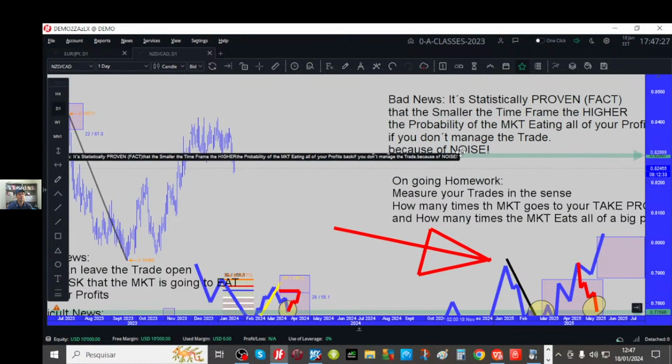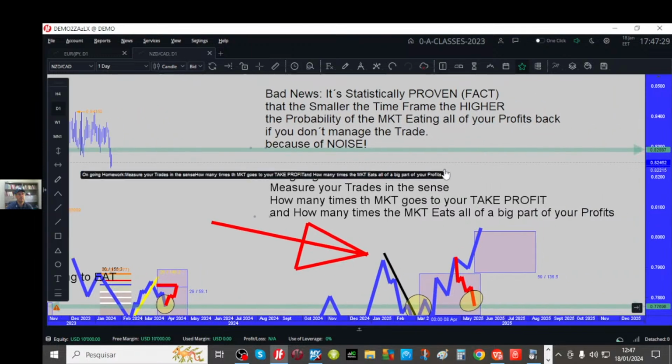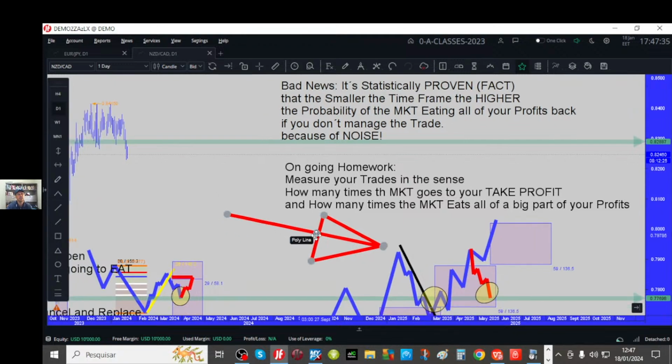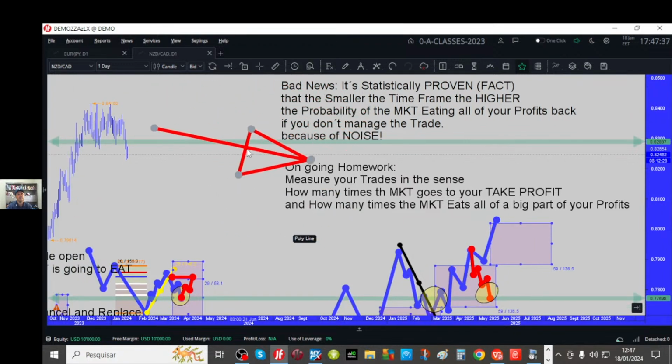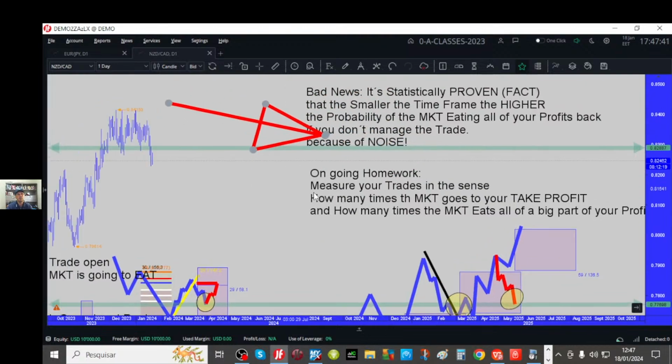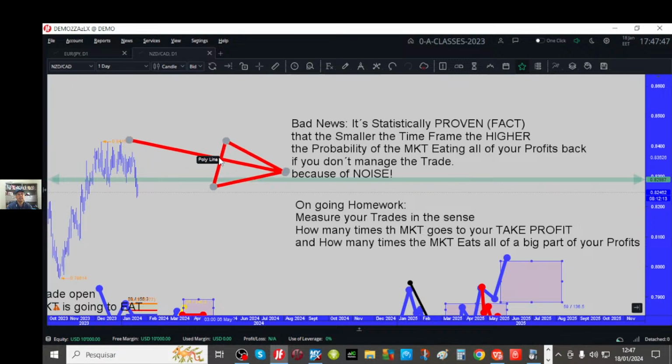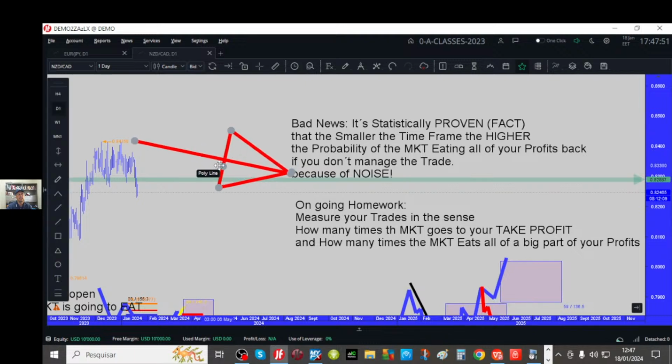It's statistically proven that the smaller the time frame, the higher the probability of the market eating all of your profits back if you don't manage the trade correctly because of noise. What is noise? Fibonacci, that we are going to learn, has a tradable edge. Fibonacci on the daily and the monthly and the weekly wins 7 times out of 10.